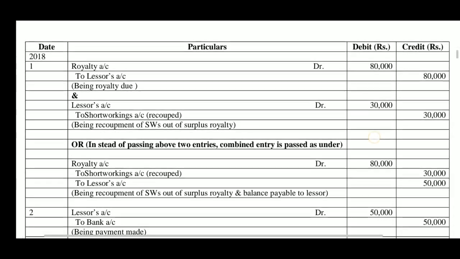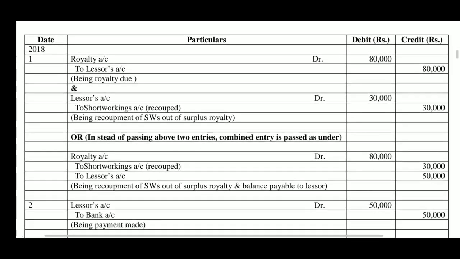Now, see the 2018. Here also same explanation holds true, in the sense we have two entries, because in the year 2018 also there is a surplus royalty of 30,000 rupees which can be utilized for the purpose of recoupment. So, for the purpose of recoupment we may pass two entries or a combined entry.